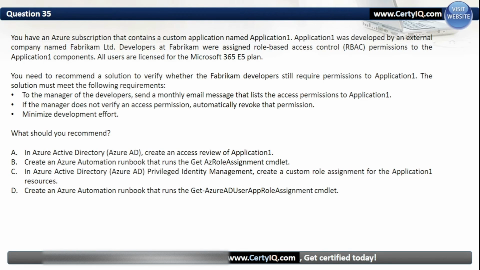You need to recommend a solution to verify whether the Fabrikam developers still require permissions to Application1. The solution must meet the following requirements. To the manager of the developers, send a monthly email message that lists the access permissions to Application1. If the manager does not verify an access permission, automatically revoke that permission. Minimize development effort. What should you recommend?